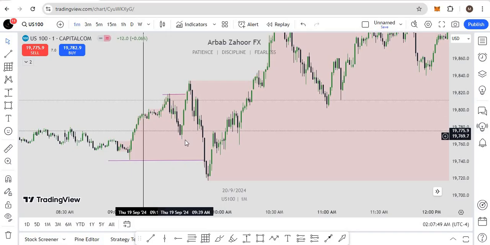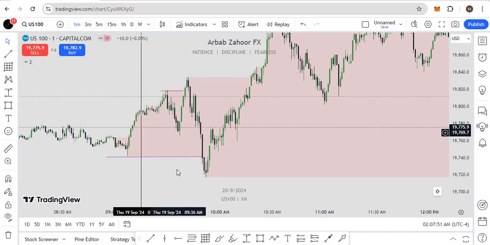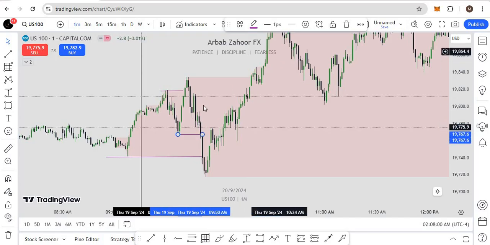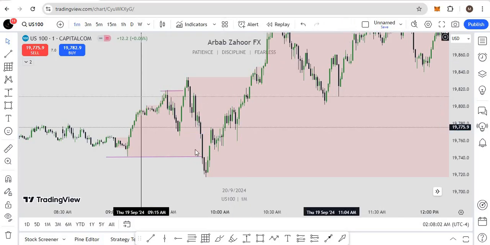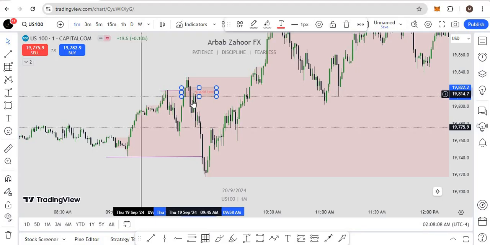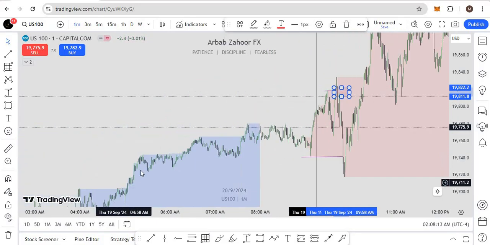I don't want to wait until here, because those who wait until here are waiting for a fair value gap or something, and they get caught by the market. So what I did here, we have this inversion, I took the trade from here, we have liquidity here, and we have liquidity here.